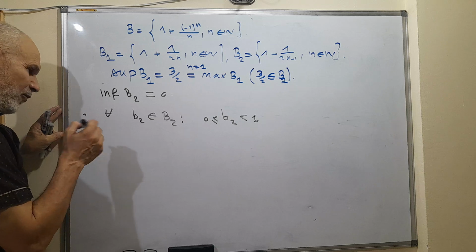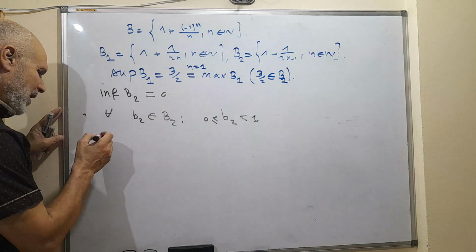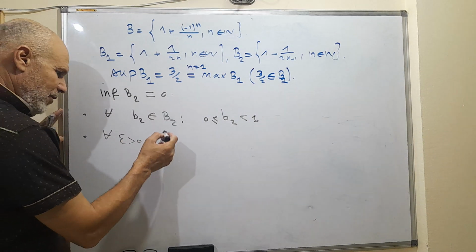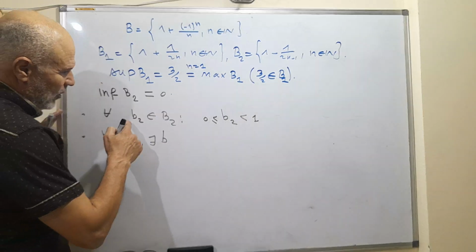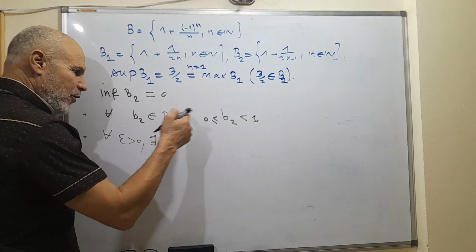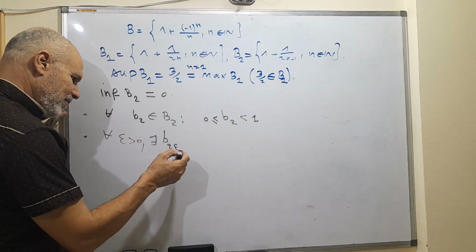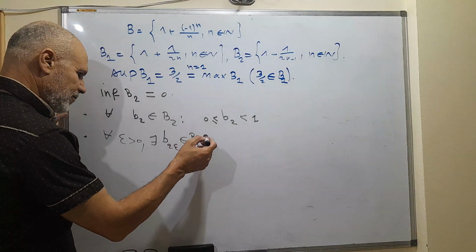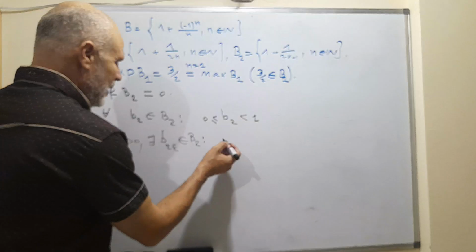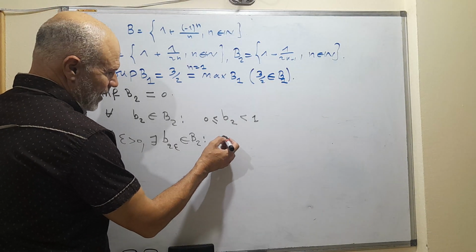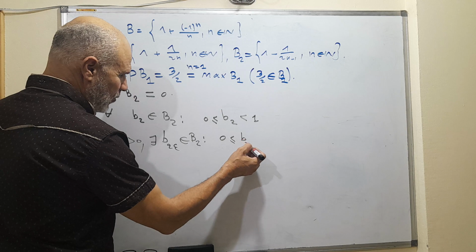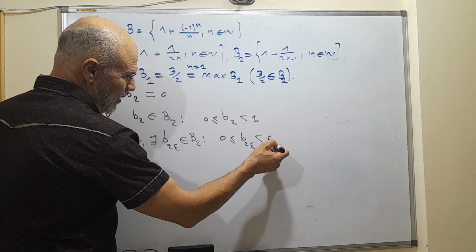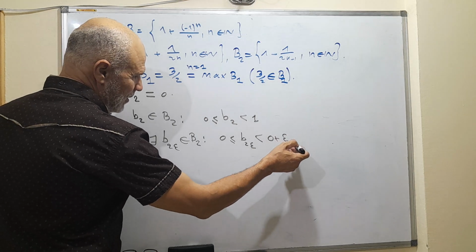Second, we have to prove by characterization. So for all epsilon greater than 0, can we find an element b2 epsilon from B2 such that 0 is less than or equal to b2 epsilon, and this one is strictly less than 0 plus epsilon.